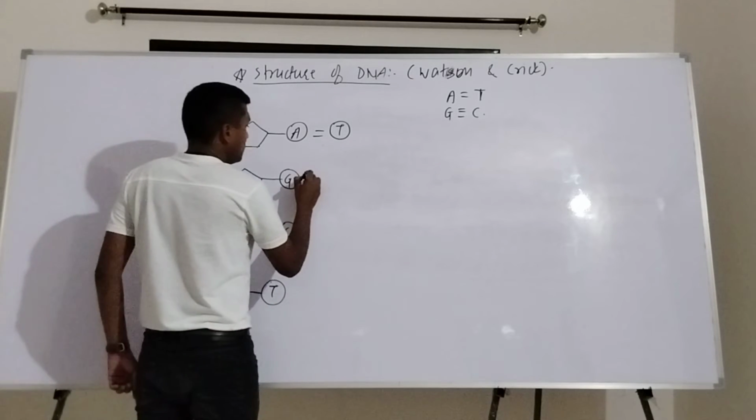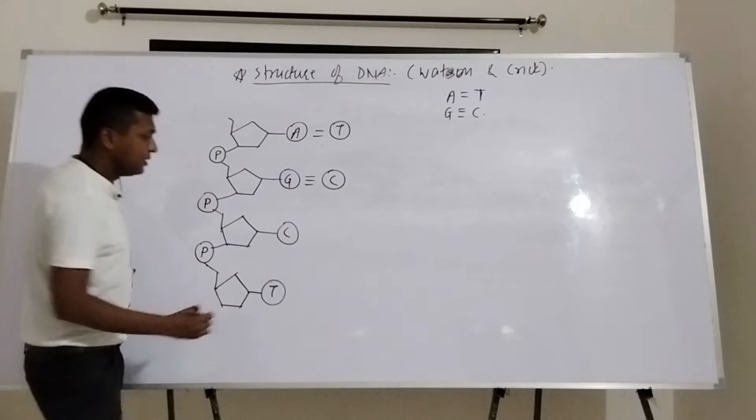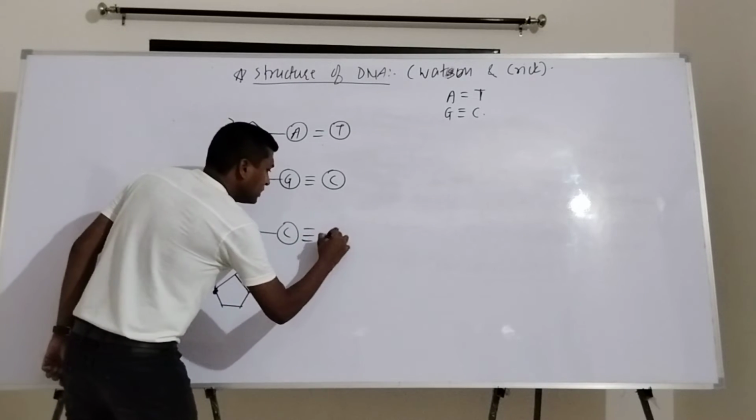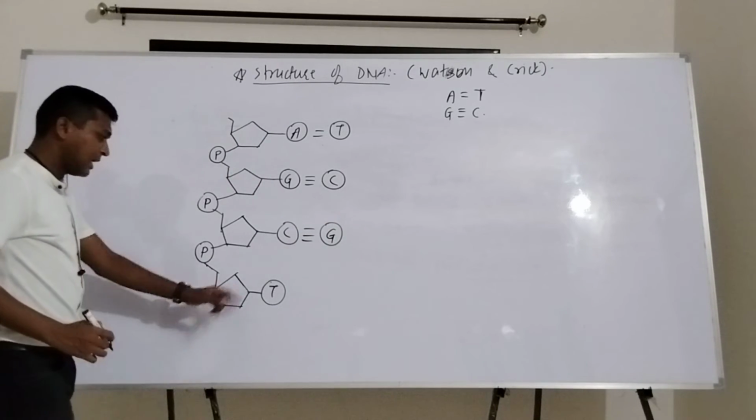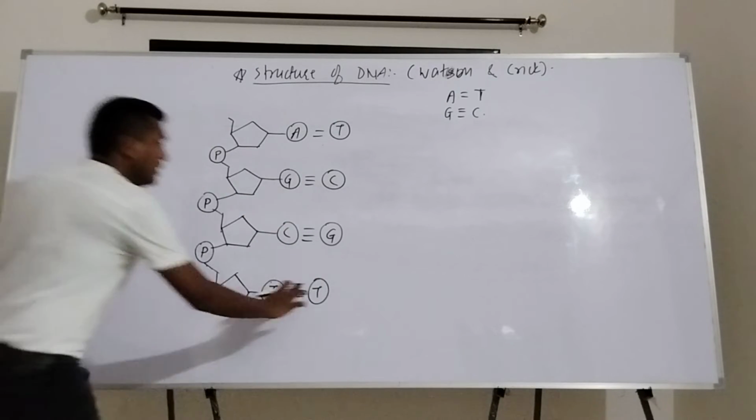Likewise, this G will produce 3 hydrogen bonds with C. This C can form 3 hydrogen bonds with G, and likewise this T can form 2 hydrogen bonds with A.